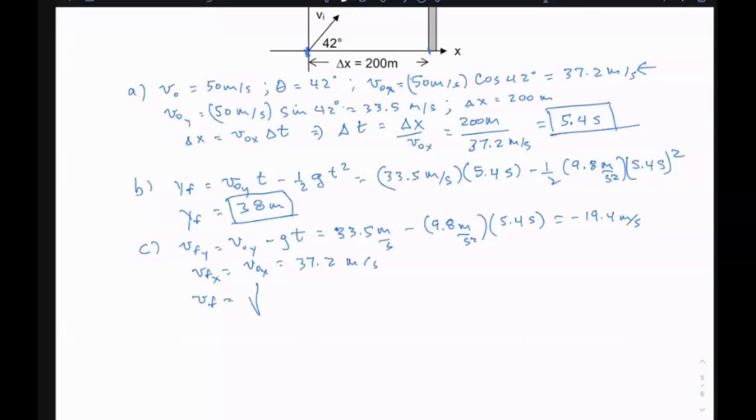V final is equal to the square root of the square of the x component plus the square of the y component.